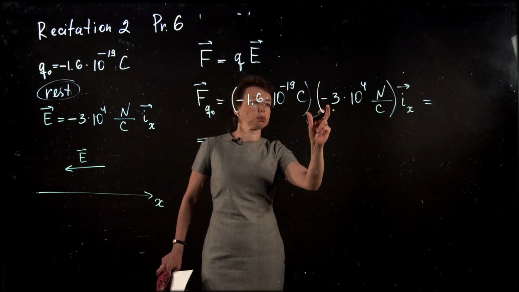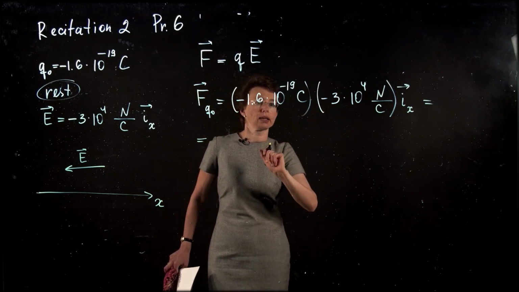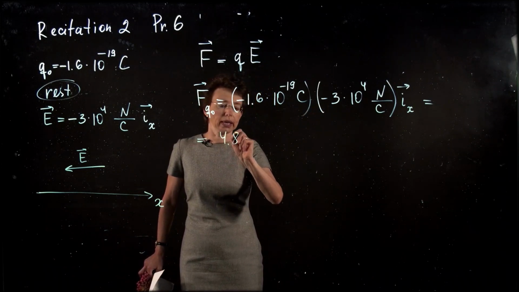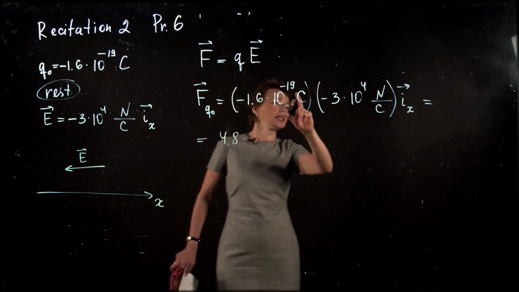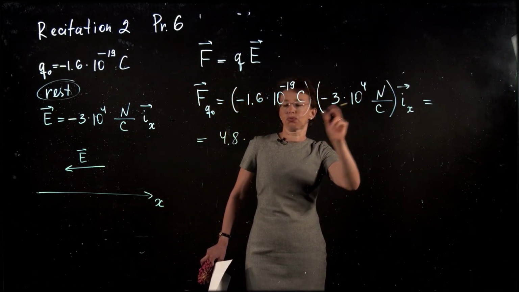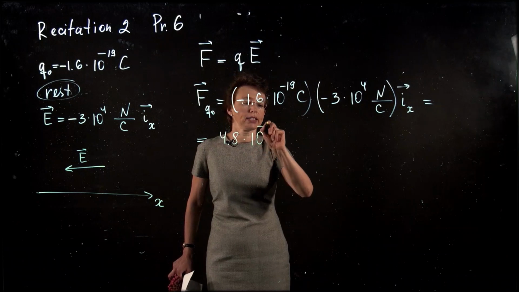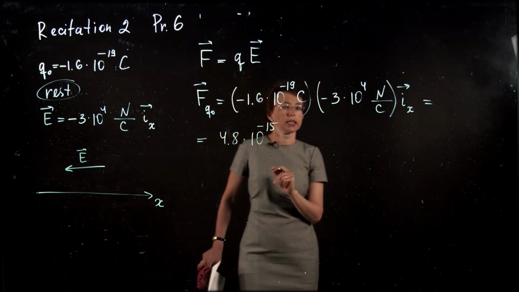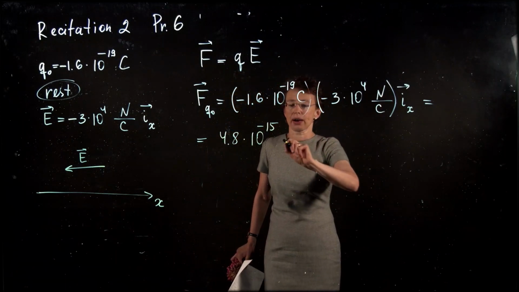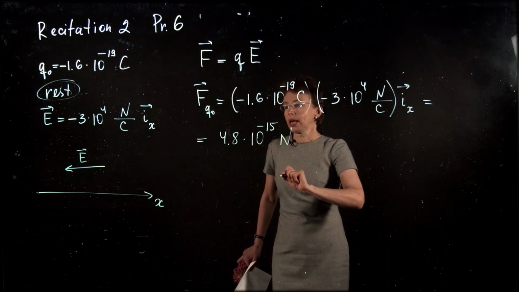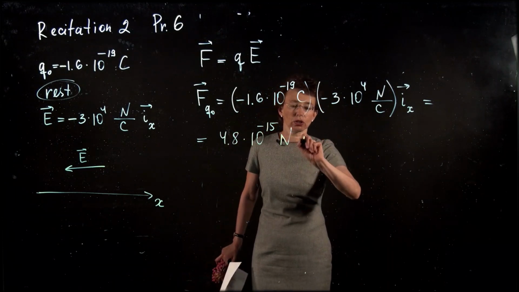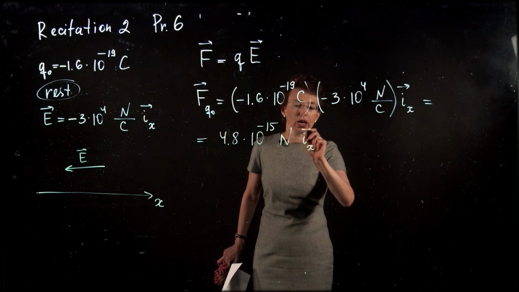Minus and minus plus: 1.6 times 3 is 4.8, times 10 to the minus 19th plus 4, so 4.8 times 10 to the minus 15. Coulombs times newtons per coulomb gives newtons. And we don't forget to show the direction, unit vector Ix.